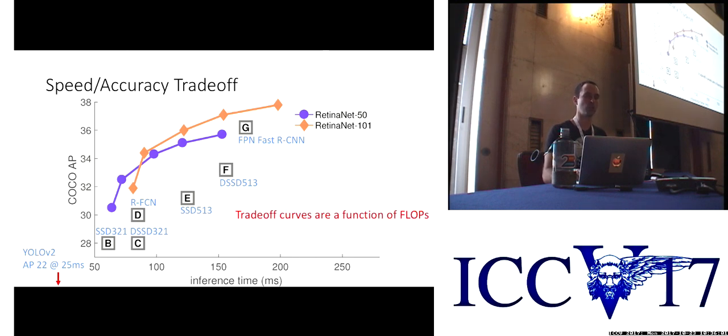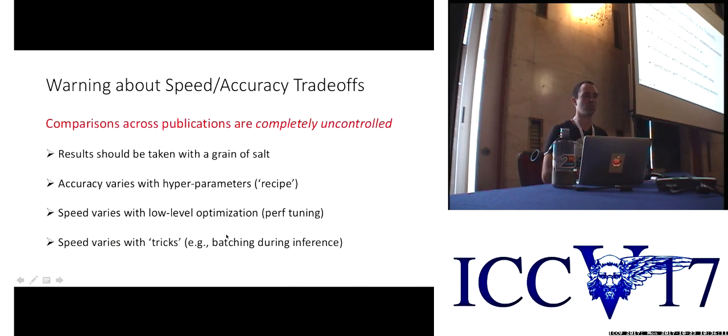These trade-off curves are really a function of the flops being performed by the network. The more flops you compute, the slower it is, and the higher the average precision. But there's a big caveat that I want to give along with graphs like that. And that is that for the most part, there are some exceptions, these comparisons in the literature are completely uncontrolled.